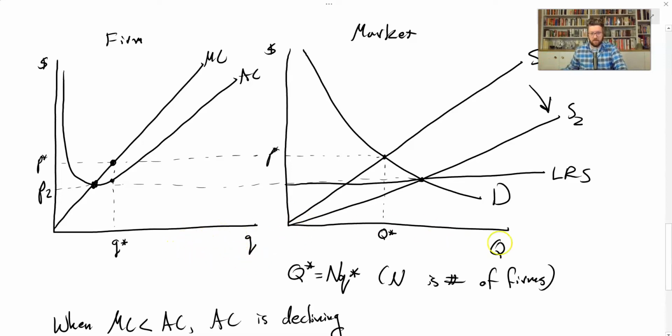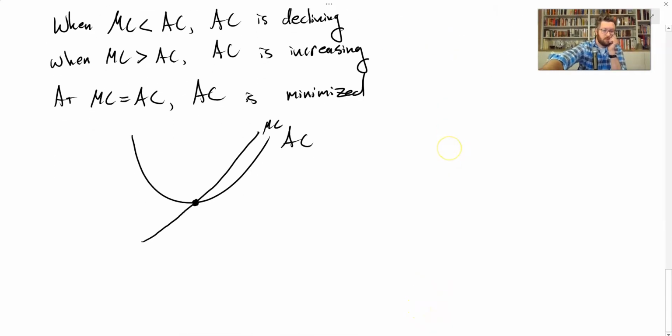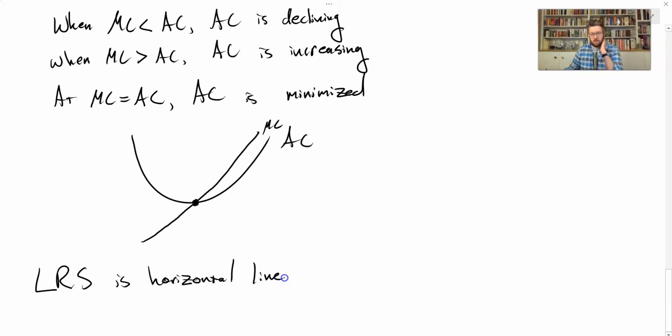So long run supply is, where am I going to write this? Down here. Long run supply is a horizontal line at the minimum average cost.